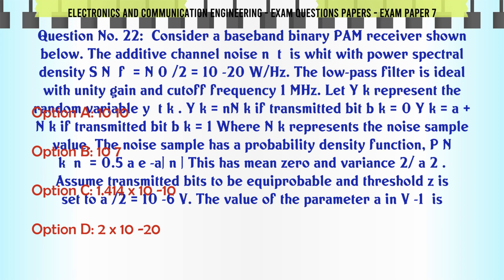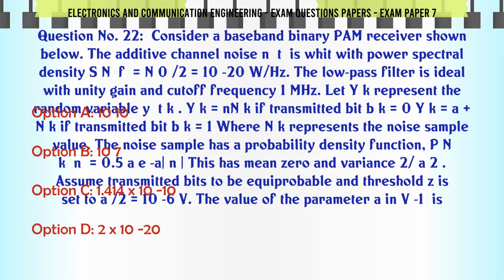Yk = nk if transmitted bit Bk = 0, Yk = A + nk if transmitted bit Bk = 1, where nk represents the noise sample value. The noise sample has a probability density function p(nk) = 0.5 a e^(-a|n|), and this has mean 0 and variance 2/a². Assume transmitted bits to be equiprobable and threshold Z is set to a suitable value.